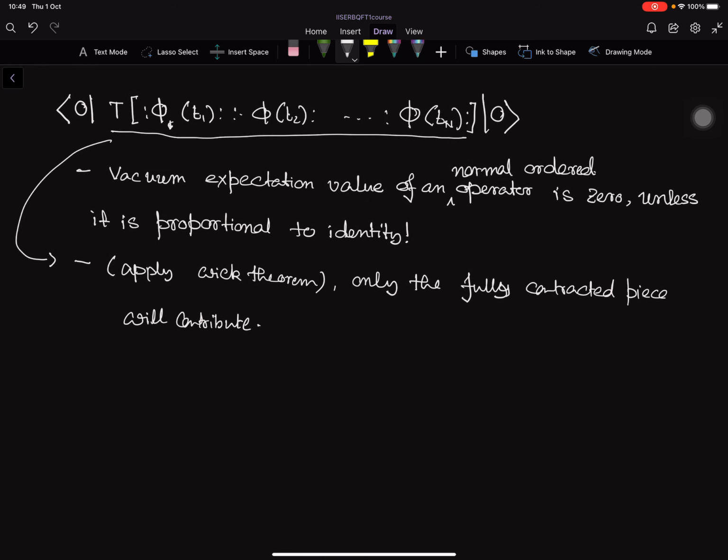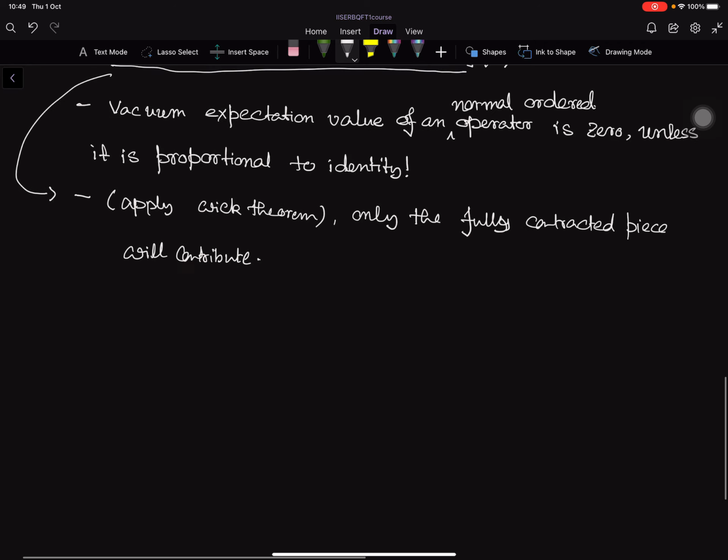So let's see how you do that. Let's say we have 4 operators. Let's just do this, with times t1 through t4.